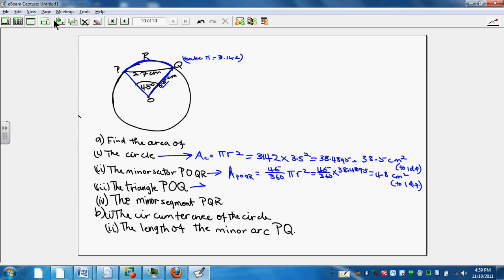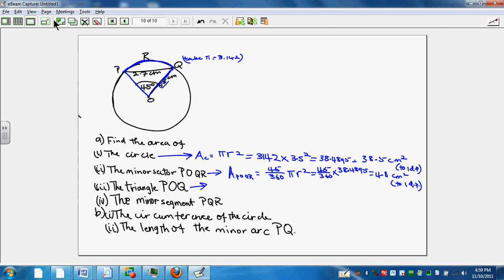Then the next one will be the triangle POQ. Now the triangle POQ could actually be worked in more than one way. You could work that using two equations. In this example, we will use one equation and we use the simpler one. In the exam, you'll go for the simpler option.